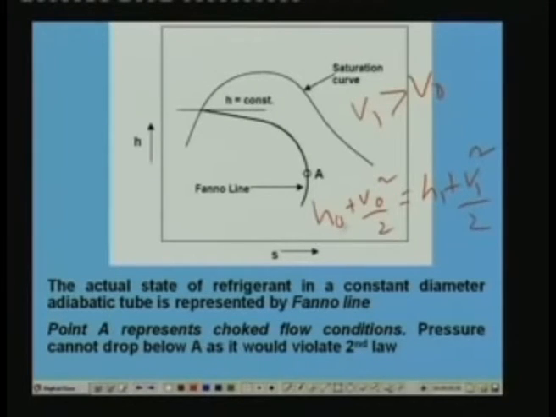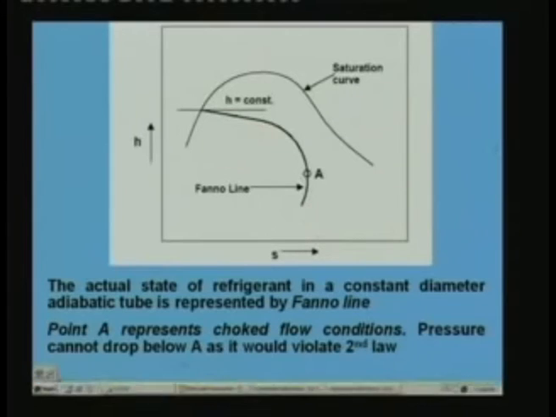Okay, that means H1 should be less than H0. Okay, so the actual line will be something like this. This is known as a Fanno line. Okay, so the actual enthalpy reduces as the flow takes place through the capillary. Okay, and point A is known as choked flow condition, and I will explain this later.